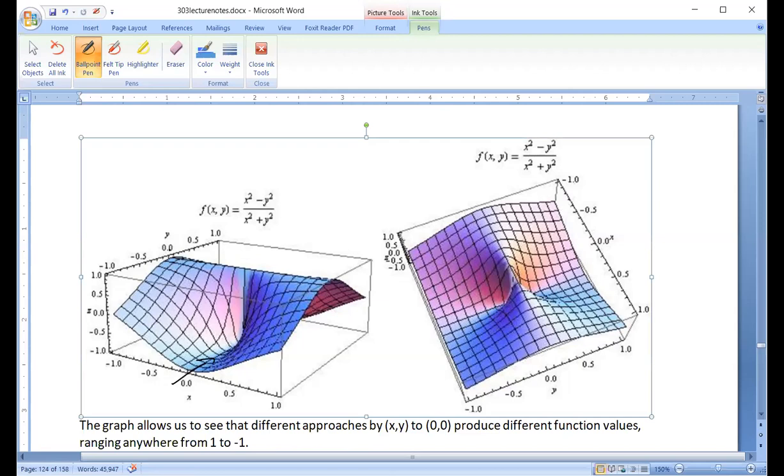Coming in along the ridge, that's where y is a constant value of 0, and all your z values are 1, so the limit there is going to be 1. And in fact, what you can see is that depending upon how you approach, you can come in with any function value you like. You can approach any function value between -1 and 1.